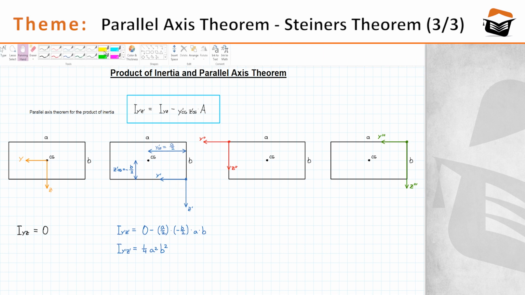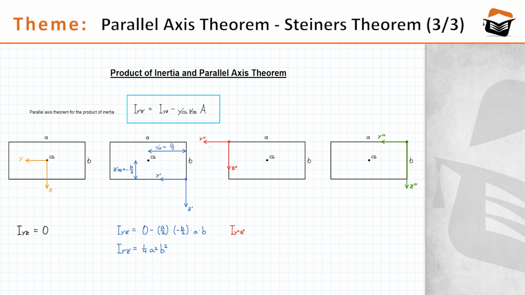Now let's move on to the third coordinate system, which starts at the top left corner, and I'm going to write down the equation I sub y double prime z double prime.